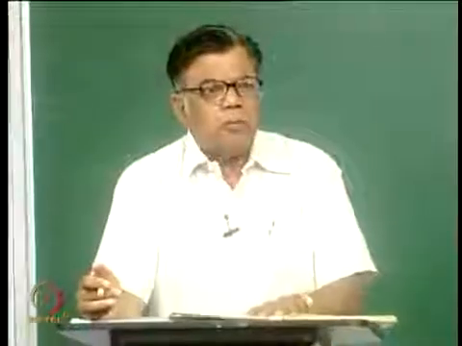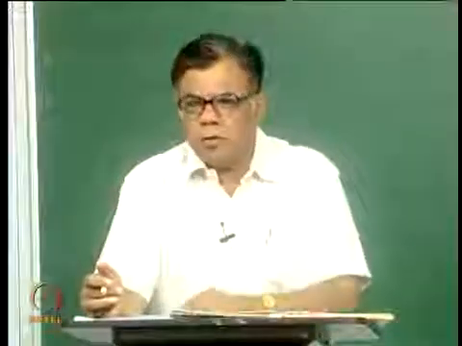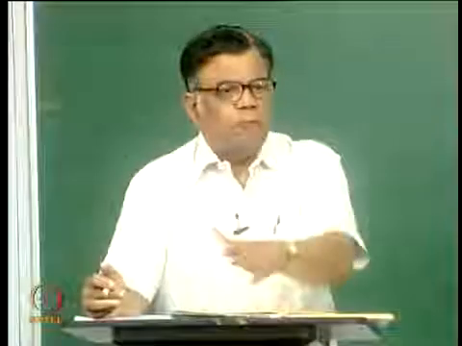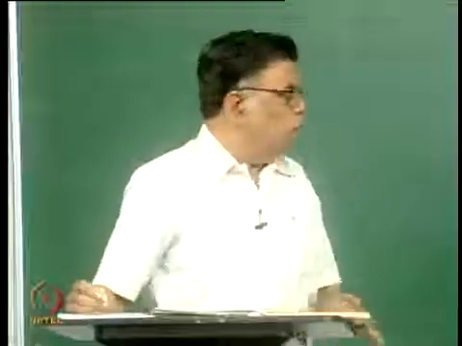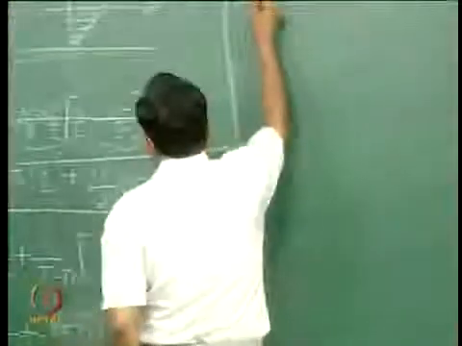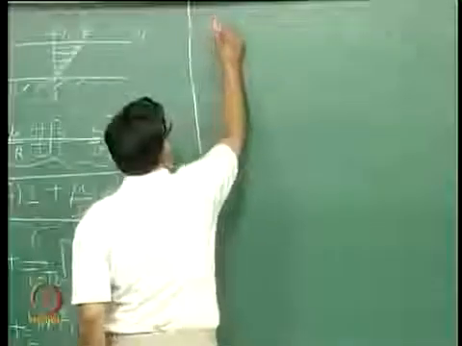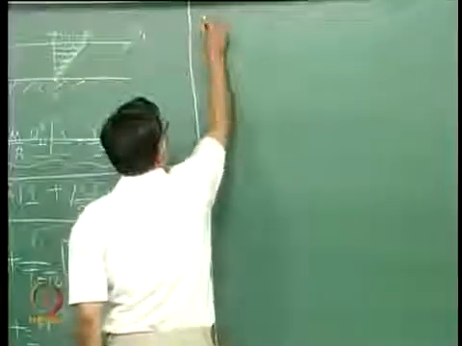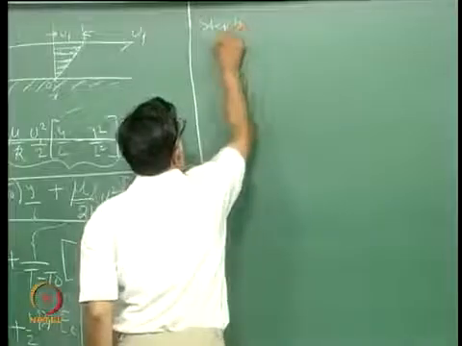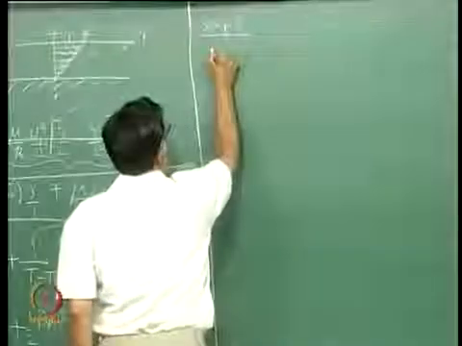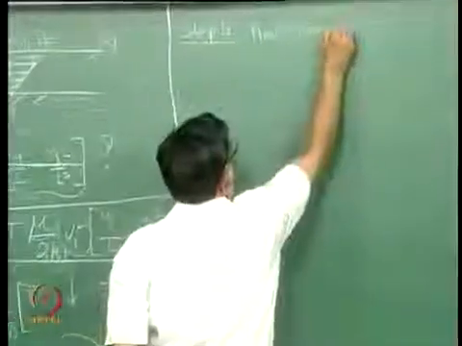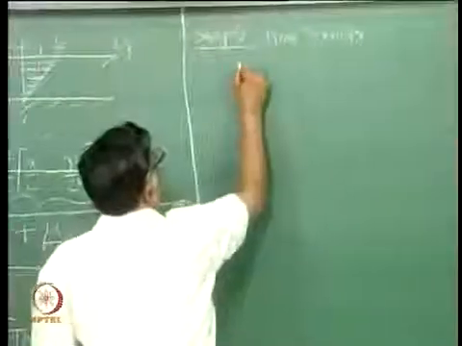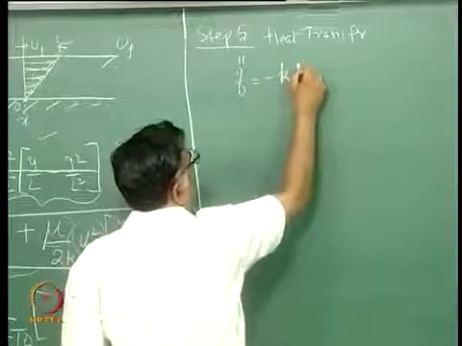After getting the temperature profile in a convection problem, what is it that we want to do? Find out what is the heat transfer at the top plate, what is the heat transfer at the bottom plate, get the expression. How do we do this? Therefore, you should first get, now I will say this is step whatever, I have lost track of this, heat transfer flux Q equal to minus K dT by dy.